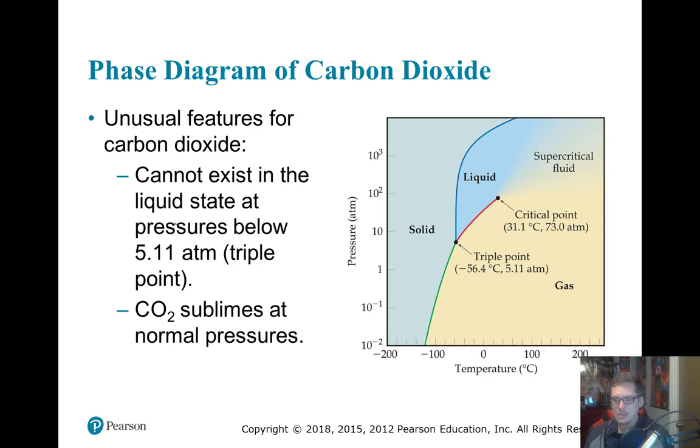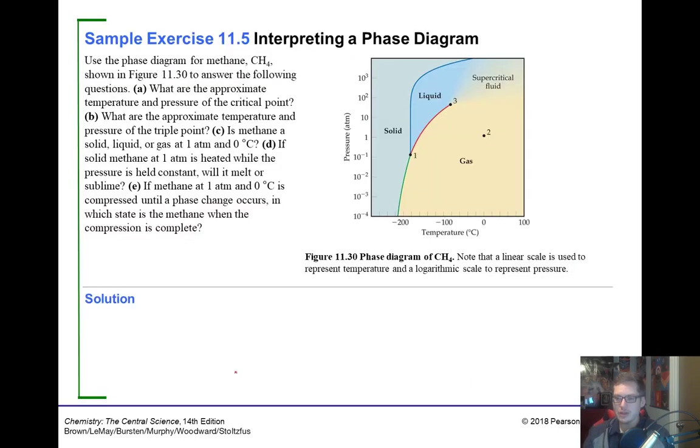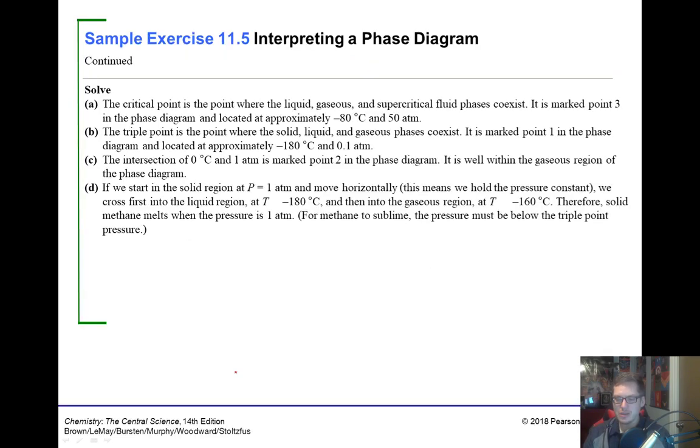It's all because carbon dioxide cannot exist as a liquid below this pressure. Notice that this is your triple point, at about 5.11 atmospheres. I guess the axis is logarithmic. So below the triple point we can't get a liquid, and that's why CO2 sublimes at normal pressure. All right, let's try a couple of practice problems here.